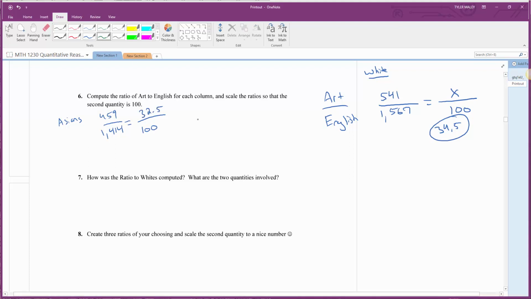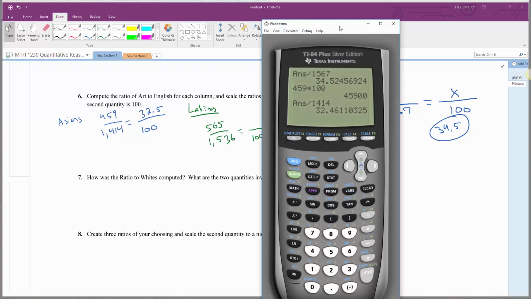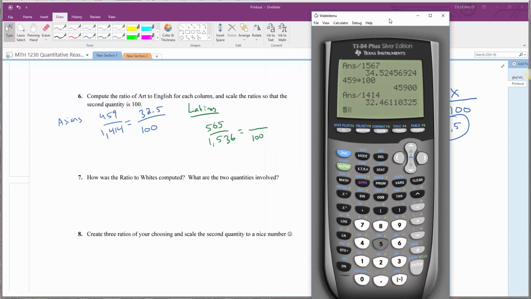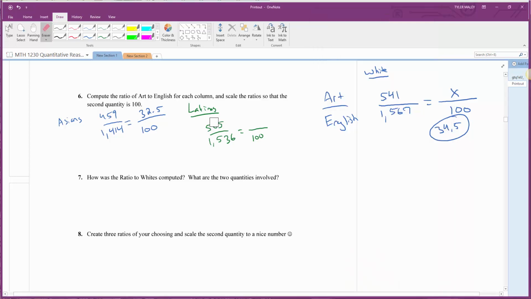So then we could do this for Latinos. For Latinos we would have 505 compared to 1,536, right, from the table. And then this would be over 100, trying to solve for this value. So to get that, we would take 565, or no, that's 505. Let me fix this here.